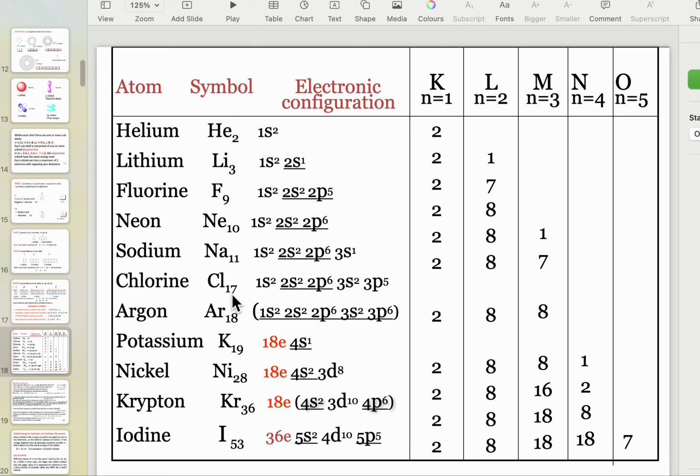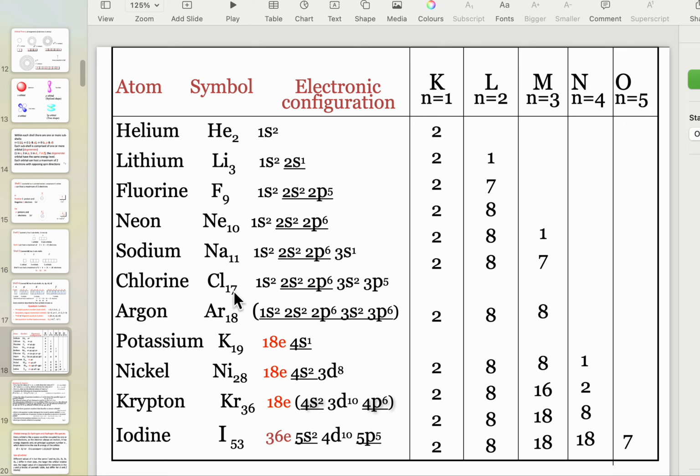Chlorine 17. We start to fill the orbitals and the electron configuration starting with 1s2, 2s2, 2p6, 3s2, 3p5. Why do we put 5? Because you count 2, 6, they are 10, and 2, 12, and 5, 17.